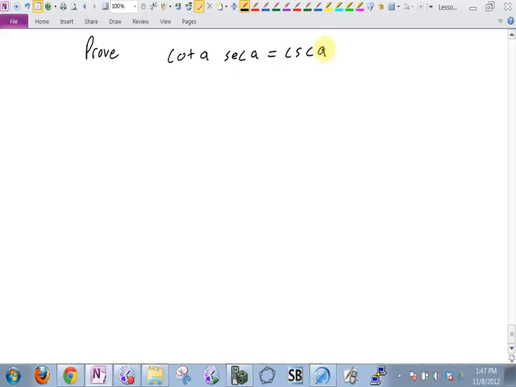Okay. So cotangent becomes cosine A over sine A. You should know that. Cotangent's x-coordinate over y-coordinate. We've known that for weeks. Secant is 1 over cosine. We also should already know that because it's the reciprocal of cosine.